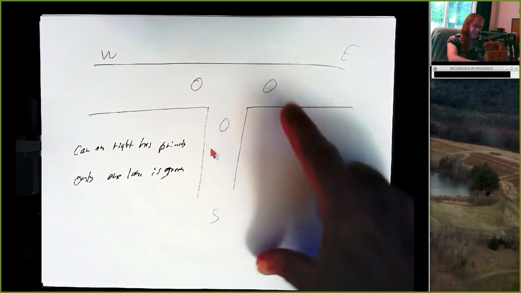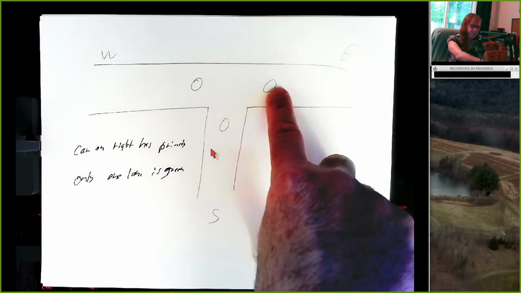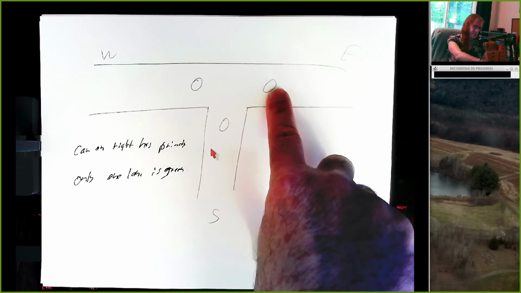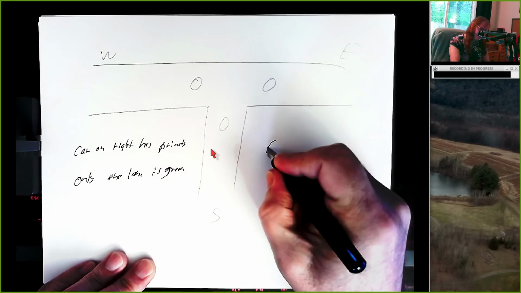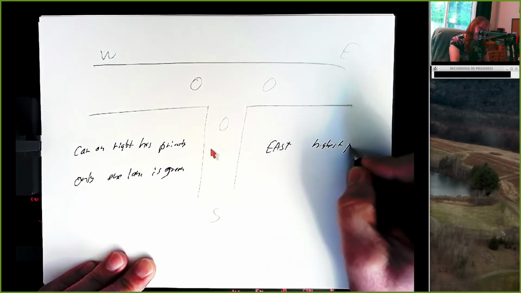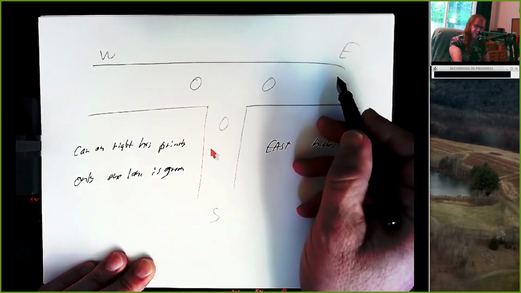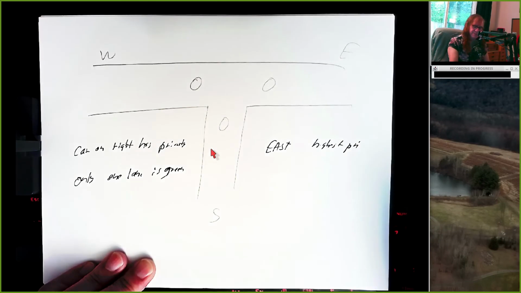So what does this mean? If there's a car sitting to the east, it gets a green light, everybody else is red. So east has the highest priority. If there's a car to the east, that car has a green light, everybody else has a red light.